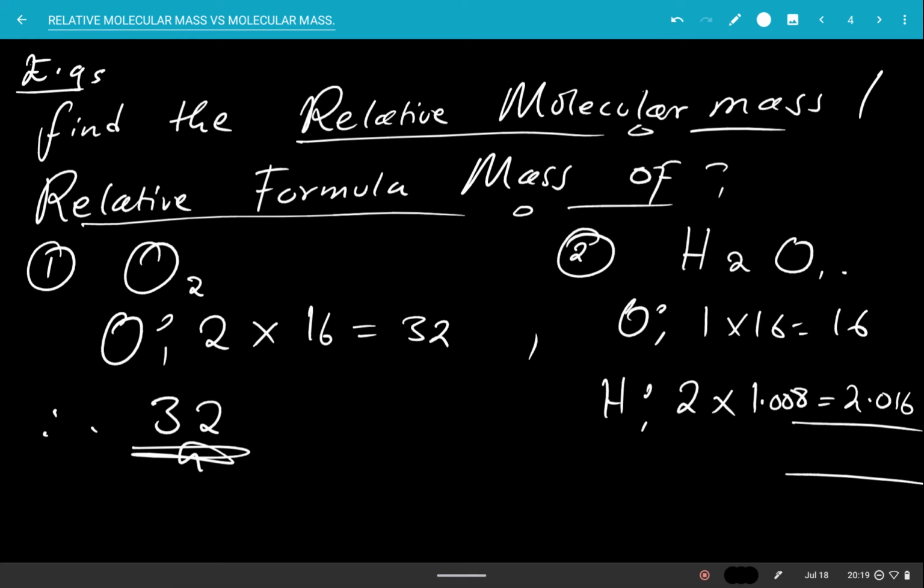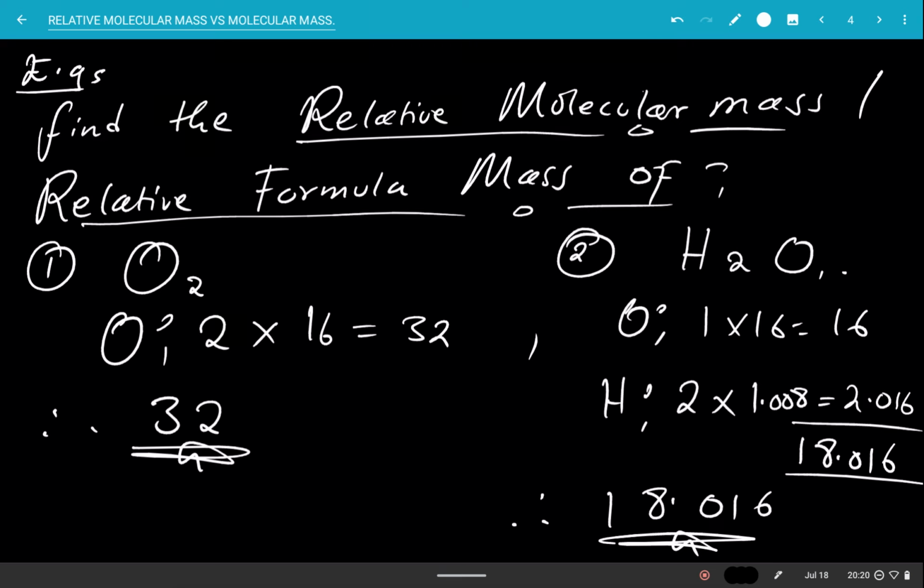So if you look at all the elements present in this formula, you have hydrogen and oxygen. If you sum up all its constituent atomic masses, you will get your relative formula mass. So 16 plus 2.016 gives 18.016. Now remember, since it's relative, we don't have to put any unit, so it's just going to be 18.016 as your final answer.